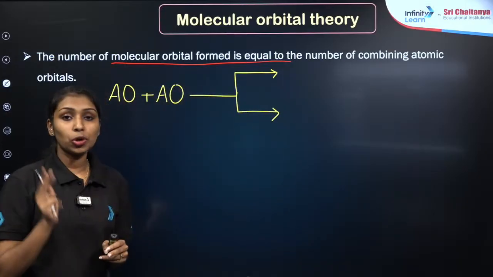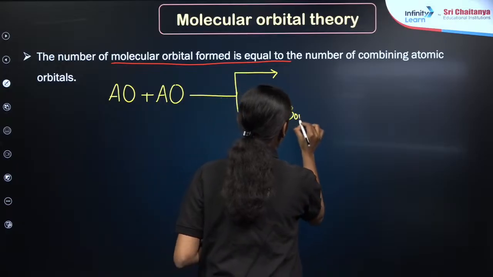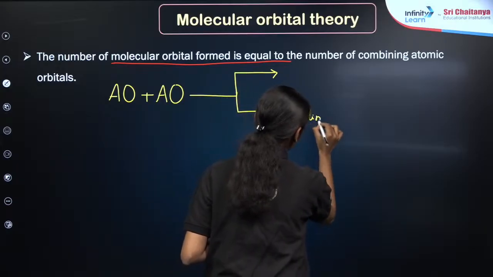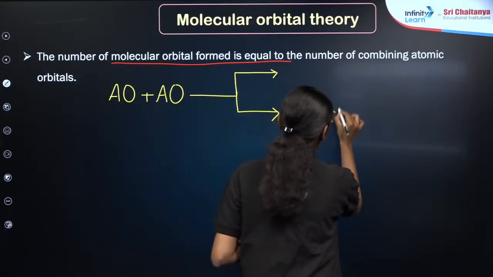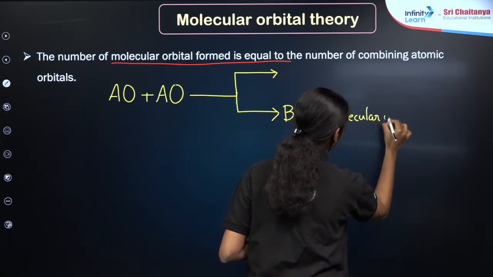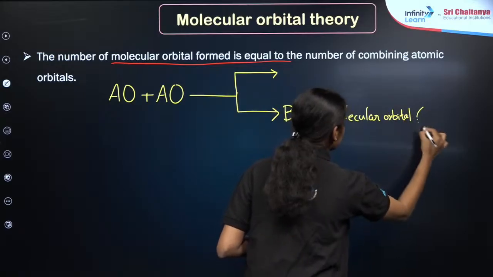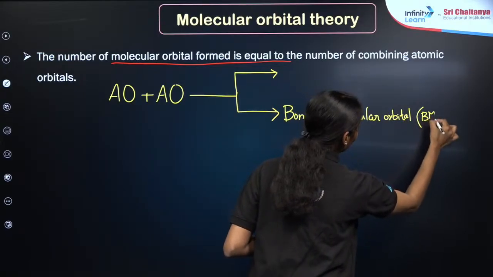These two molecular orbitals are named as follows. The first one is the bonding molecular orbital, represented as BMO.